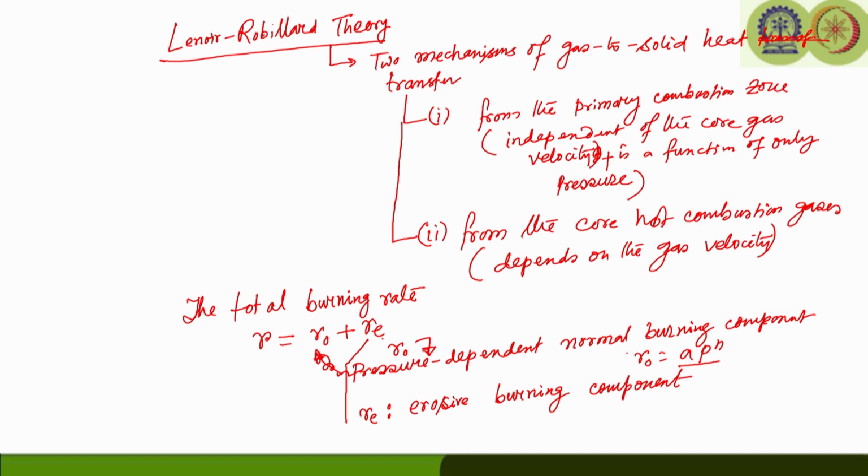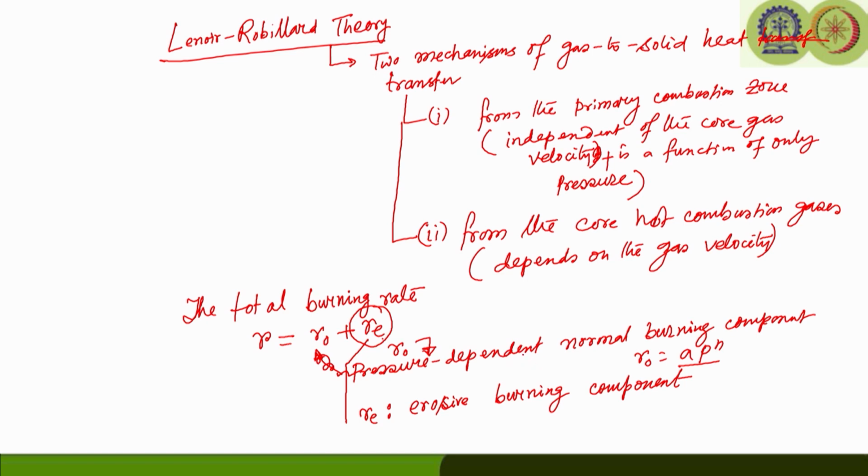So, the heat flux transfer from the cross flow to the burning surface of a propellant will increase the burn rate, and that is reflected through this erosive burning component. So, we cannot directly use R equal to a p to the power n in situations of high gas velocity or high cross velocity.